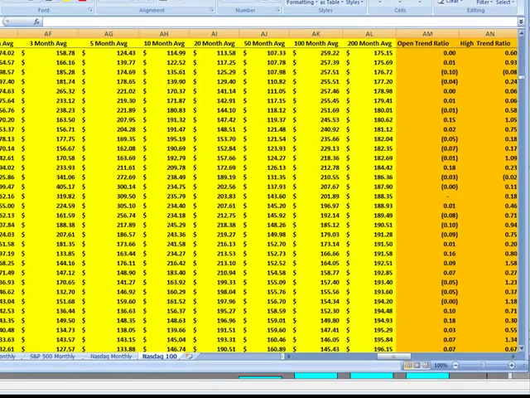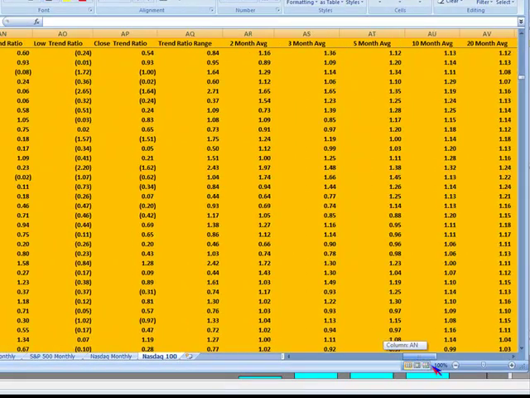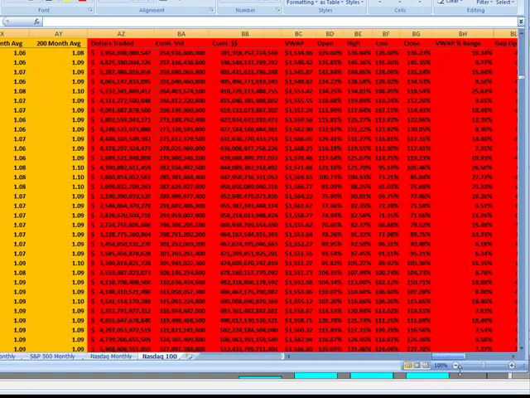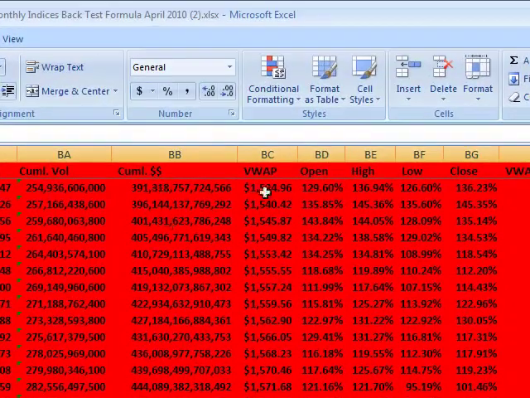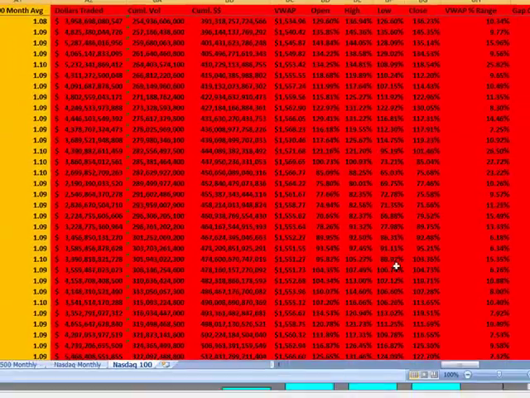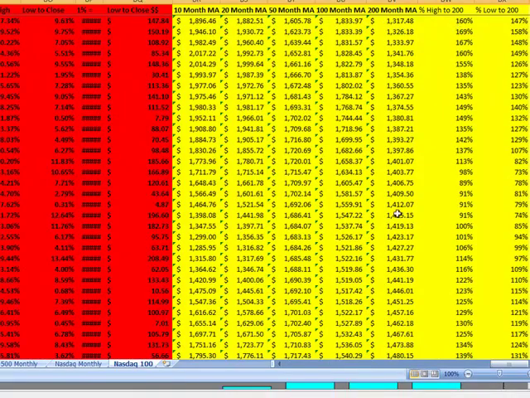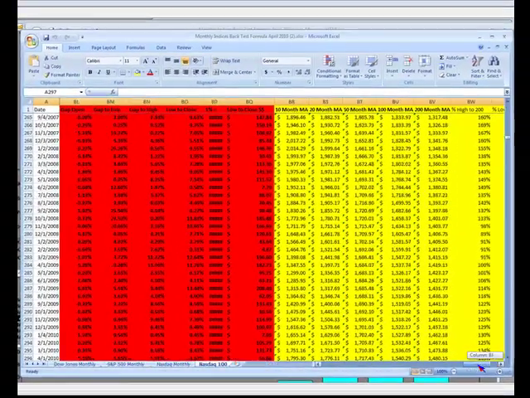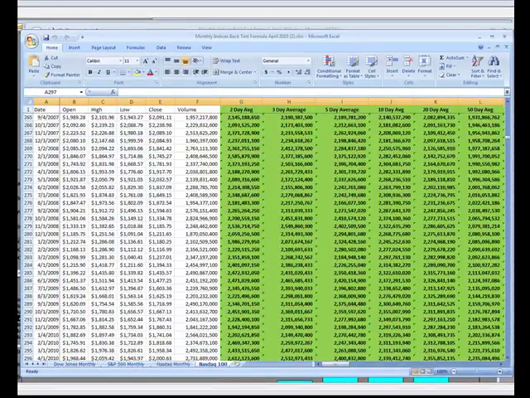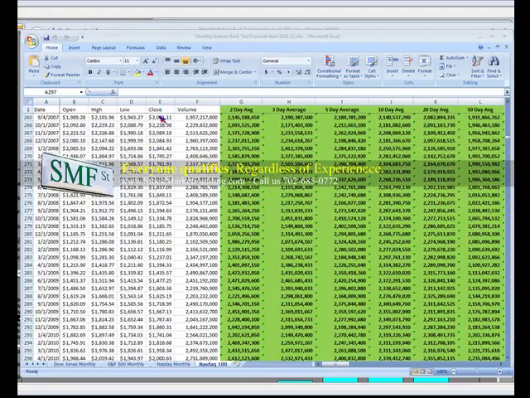Trend ratios, open trend ratios, open high trend ratios. Everything is designed mathematically. There's nothing like it on the planet. Go find it. Plus dollar traded, cumulative volume, cumulative open, high, close, lows, the percents of the gains, you name it. It's all here. Very hard if you ever see the tape. I can only tell you it's accurate.